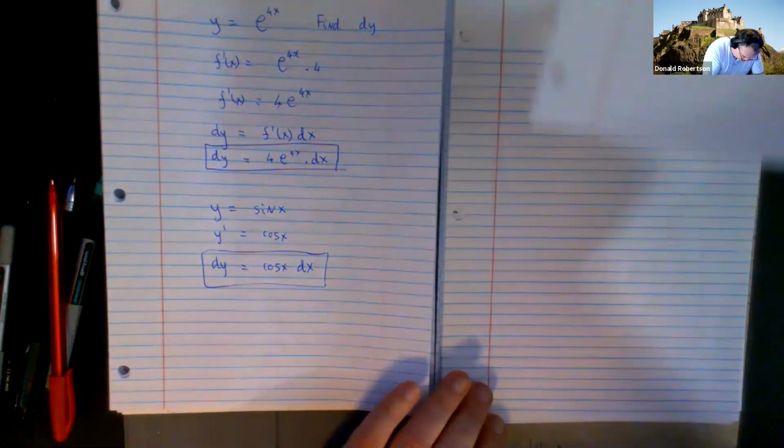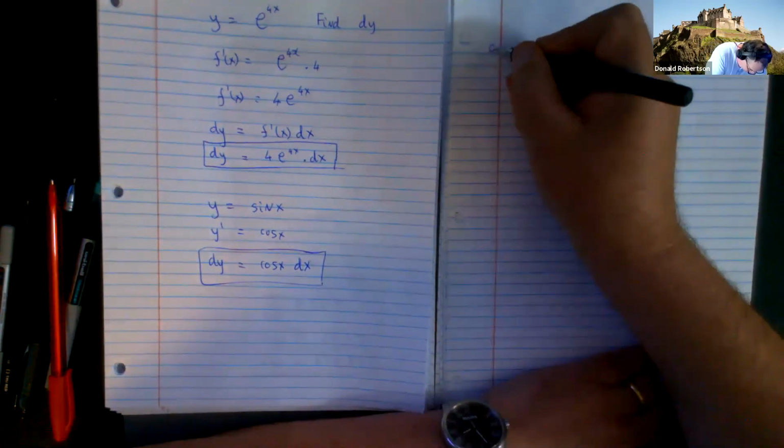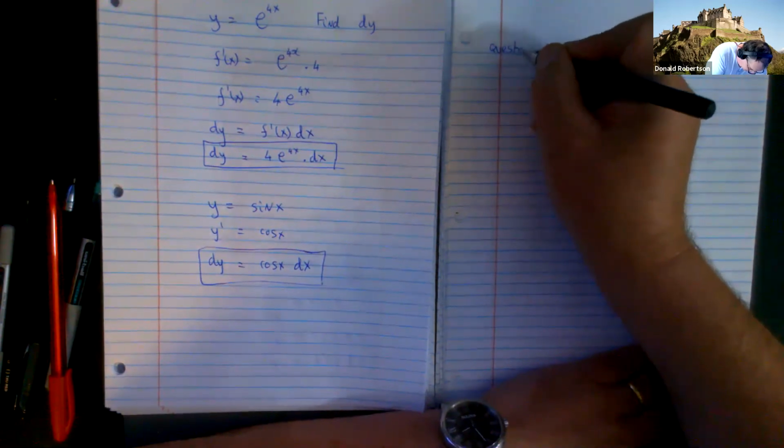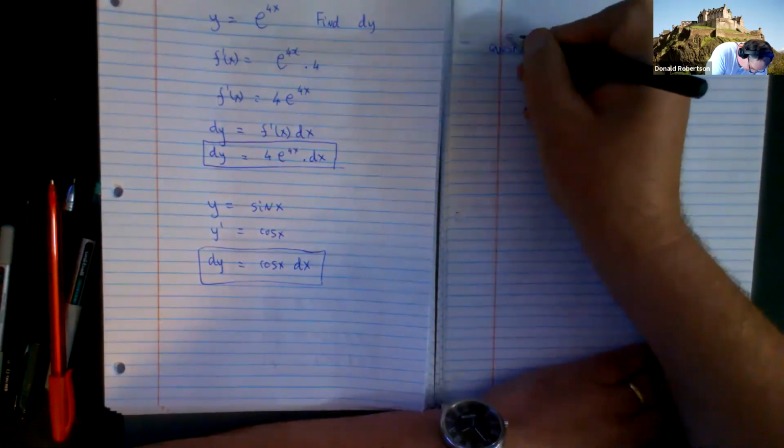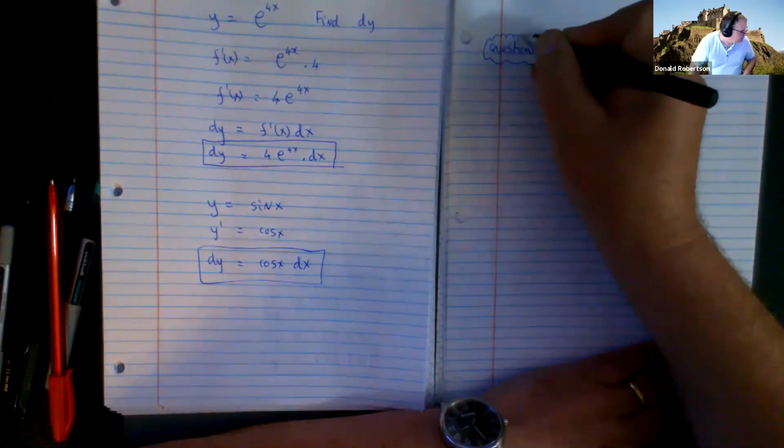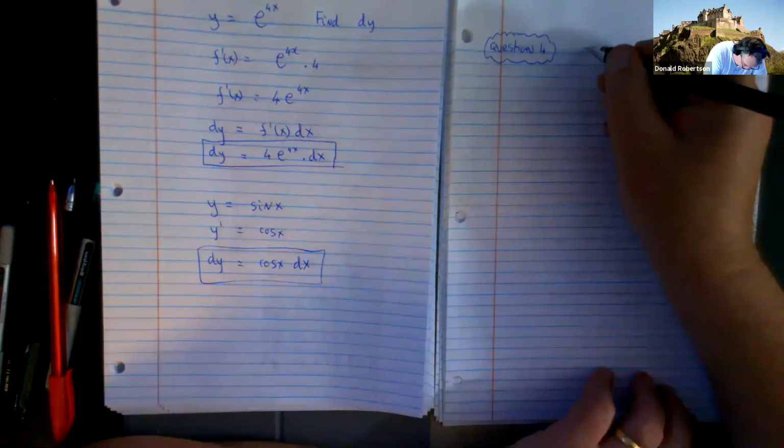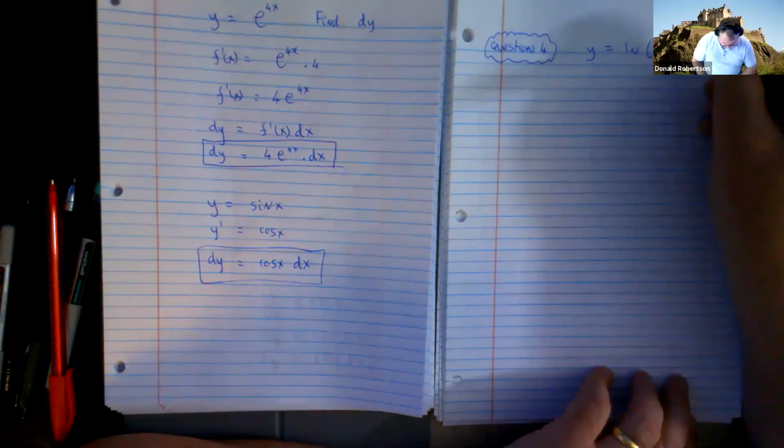So we now come to our fourth question. Let's have y equal to the natural log of x cubed plus x. And I want to find the differential dy.